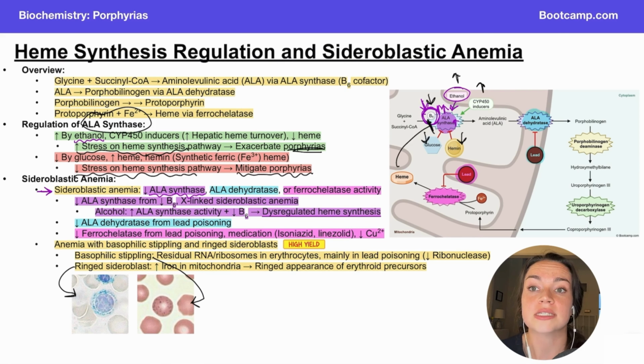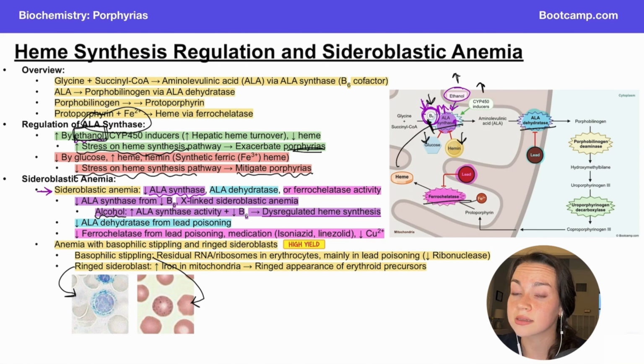Then we talked about sideroblastic anemia, which can come from a decrease in the activity of either ALA synthase, ALA dehydratase, or ferrochelatase. There were several different etiologies of sideroblastic anemia. We said one of which, kind of counterintuitively, was alcohol. But really, at the end of the day, alcohol causes dysregulated heme synthesis, and that can lead to a sideroblastic anemia. Other things that cause this include a vitamin B6 deficiency, X-linked sideroblastic anemia, medications like isoniazid and linezolid, lead poisoning, and low copper.